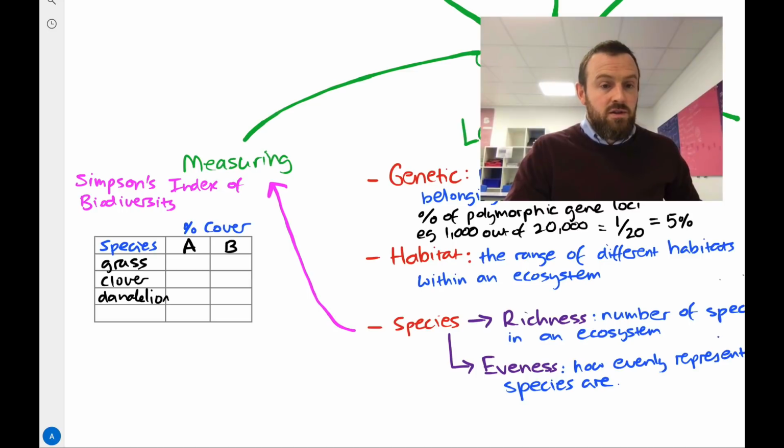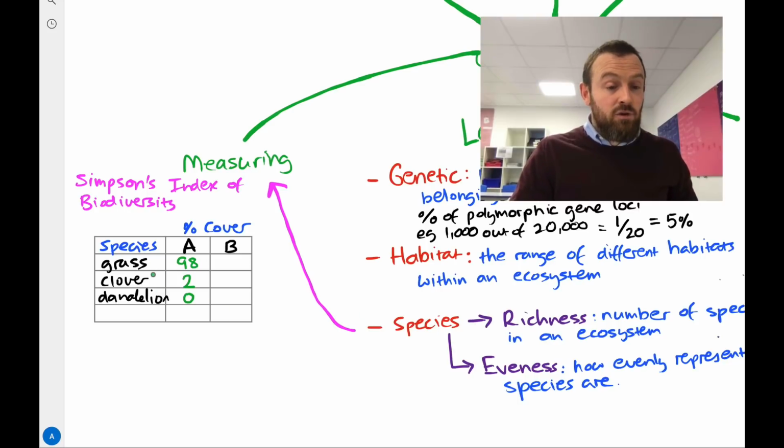So what values are we recording? Well, let's say that we've got 98% cover of grass in field A, 2% cover with clover, 0% cover with dandelions. So probably already you can see that field A is not very evenly weighted.